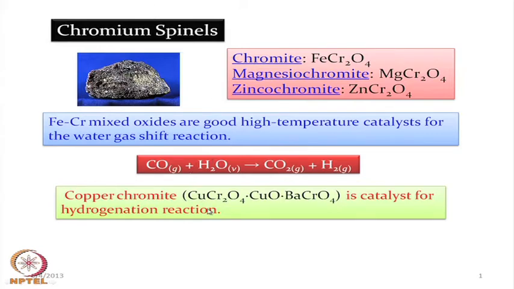So, how can we make this copper chromite formulation if it is not available in the native form in nature as a mineral or some ore? We can prepare this particular material by solution state synthesis in the laboratory, or at some point to get some beautiful crystalline form or particular size or some nanoparticle type of molecules.